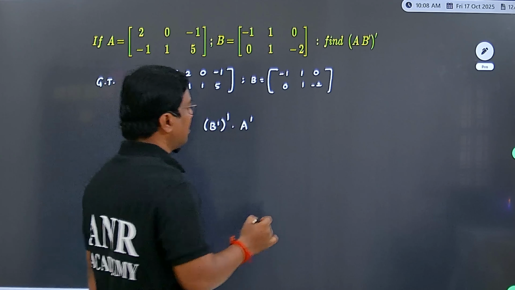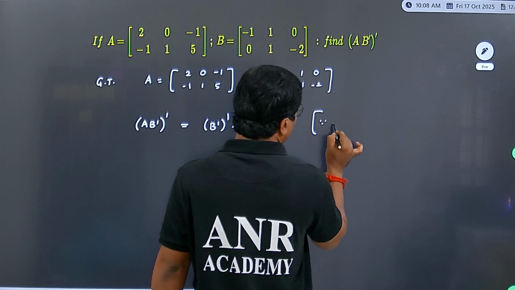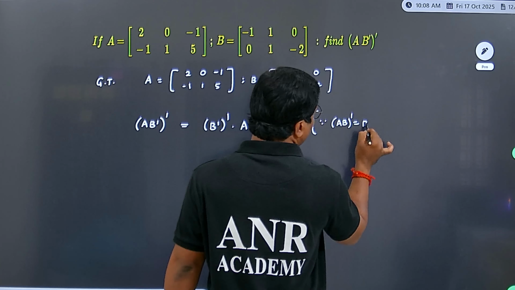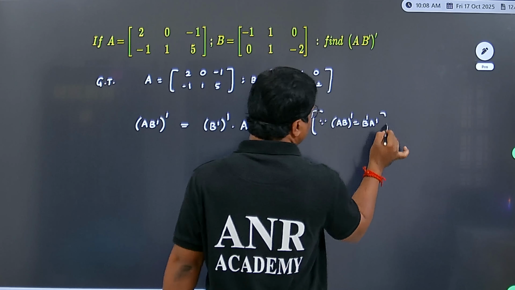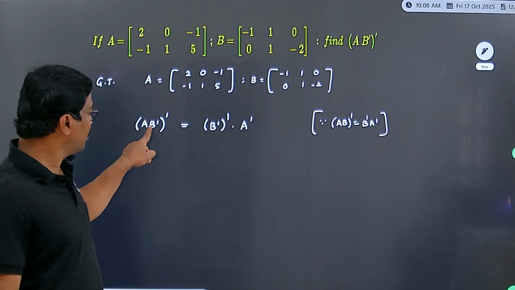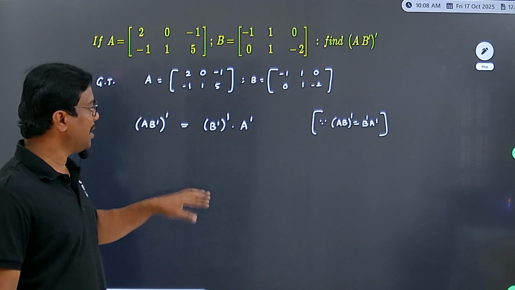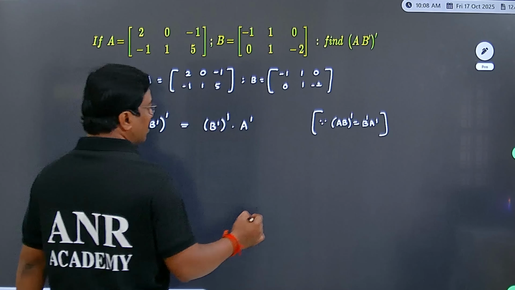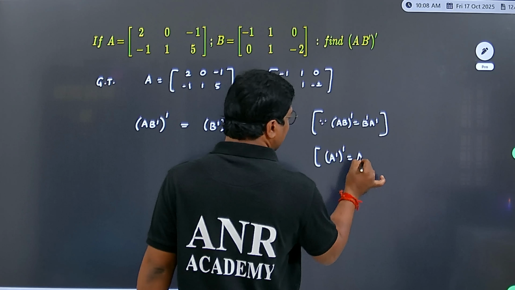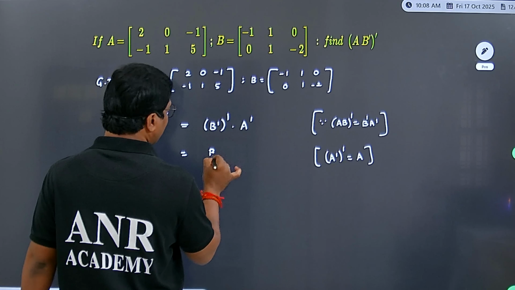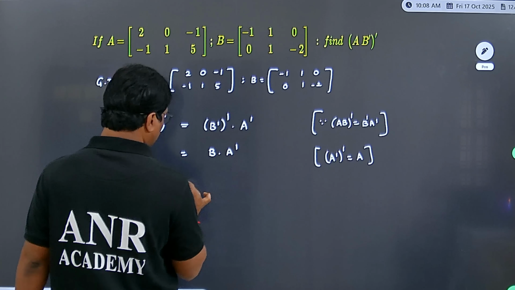You know that the property AB whole transpose is written as B transpose into A transpose. Using this property, first you have to apply transpose to the second matrix B transpose and then to the first one. And also A transpose whole transpose is clearly A, so that it is equal to B into A transpose.